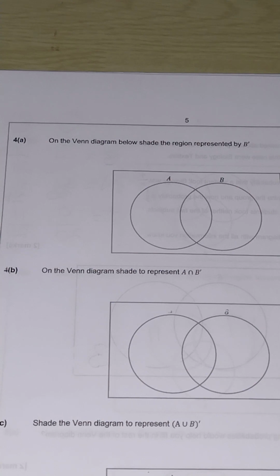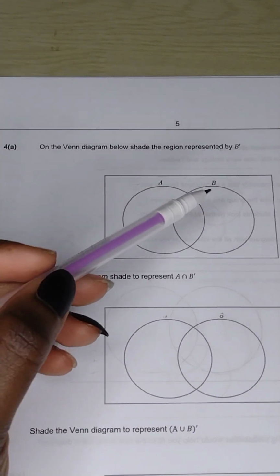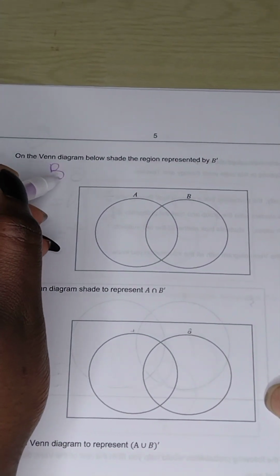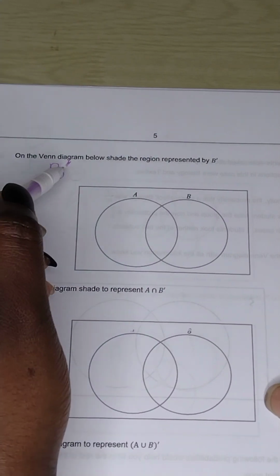Spare me 1 second whilst I get one of my fancy colored pens. Okay, so remember we said B prime, or that little sign there, means not.